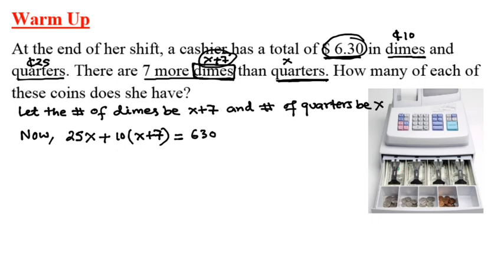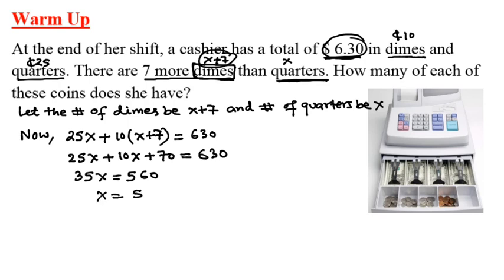Okay, now let's solve this equation. So we have 25x plus 10x plus 70 equal to 630. 25x plus 10x, that is 35x. Now if you subtract 70 on both sides, 630 minus 70 is 560.